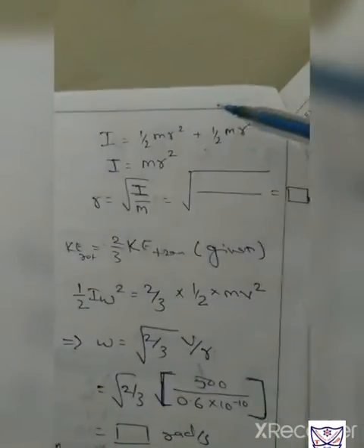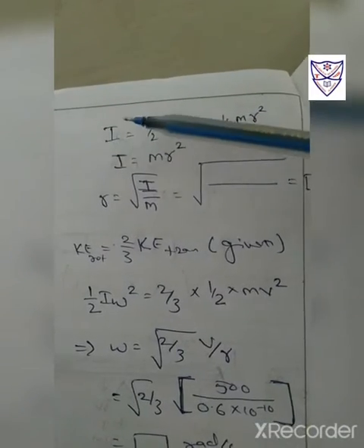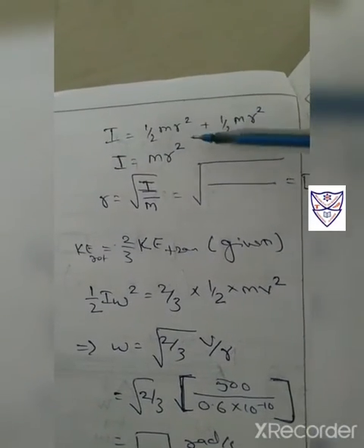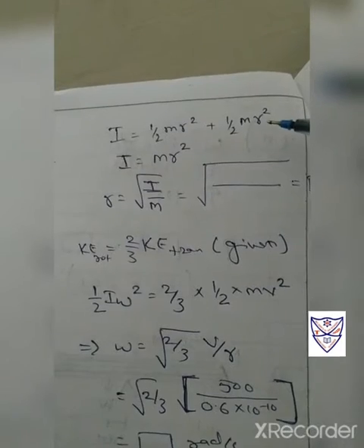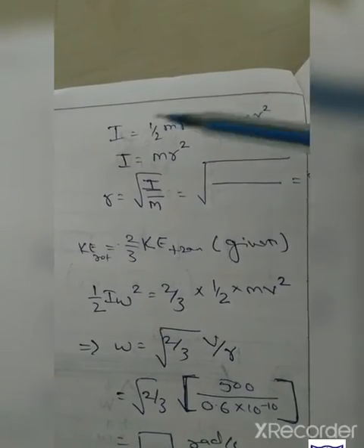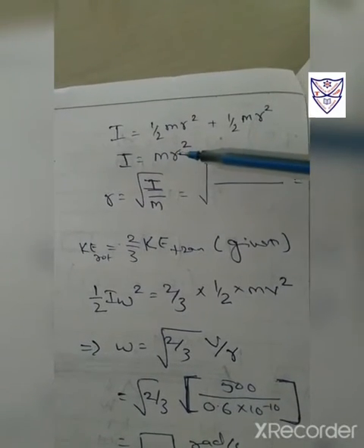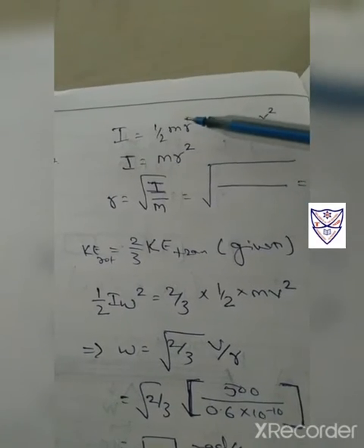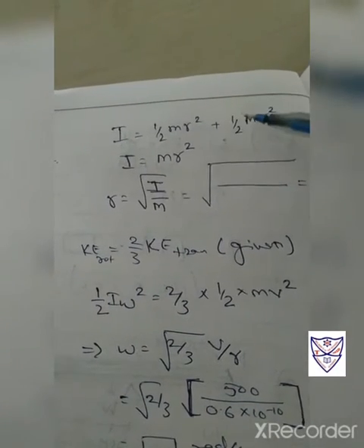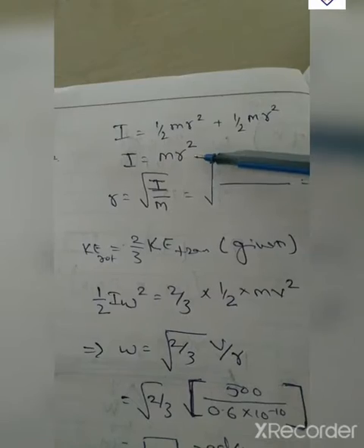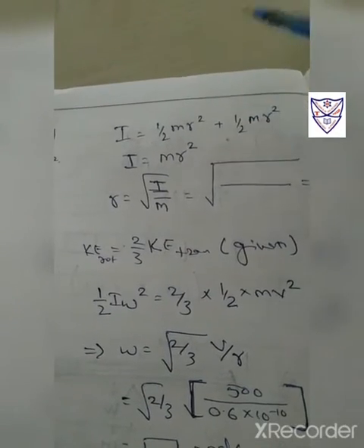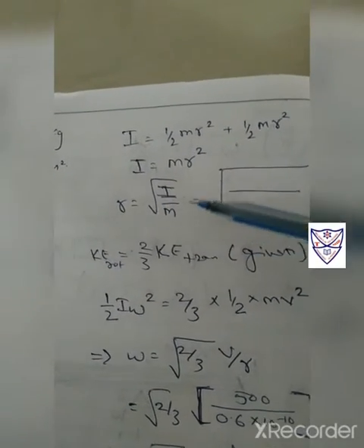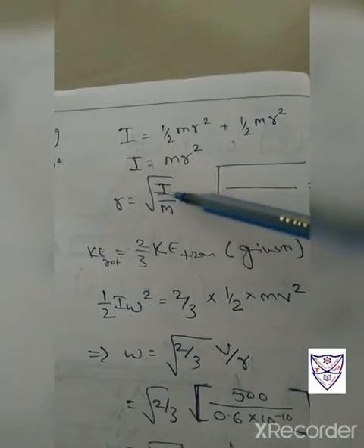Initially what you can do is apply the formula of I, the moment of inertia, half mv square plus half mv square. Therefore I is equal to mr square, half mr square plus half mr square is equal to, this half and this half will give you 1, mr square, and r is equal to, from this you can write, root of I upon m.